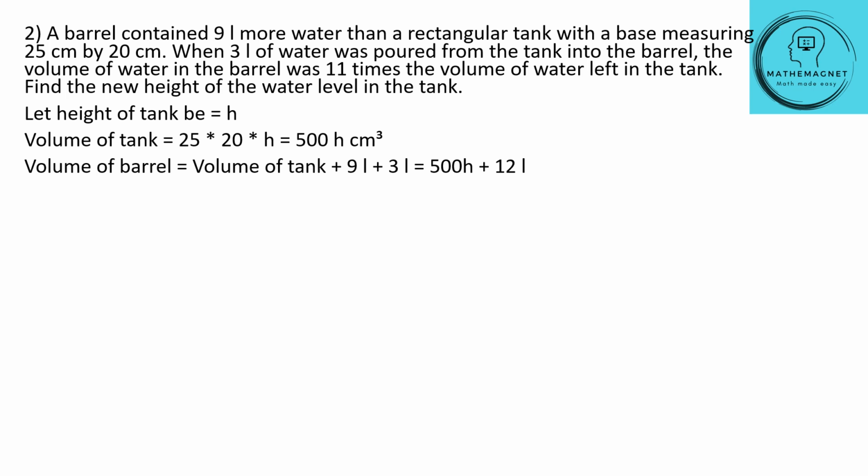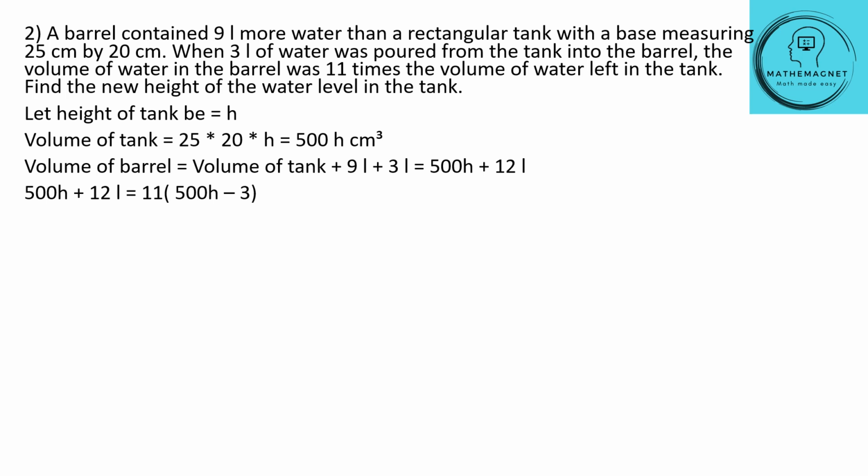Now we know the barrel contains 9 liters more water than the rectangular tank, and we are pouring an additional 3 liters from the tank into the barrel. So basically the volume of tank plus 9 liters plus 3 liters from the tank will be the volume of the barrel, which is 500 h plus 12 liters. Now the volume of water in the barrel was 11 times the volume of water left in the tank.